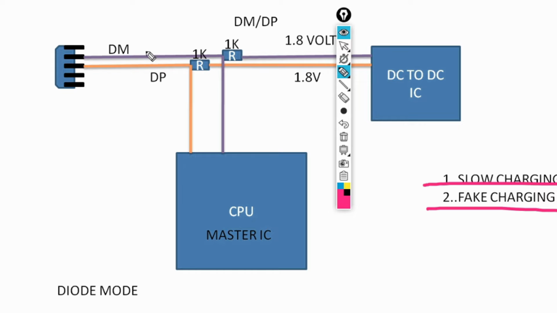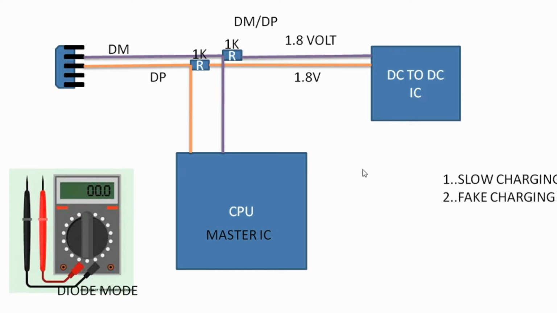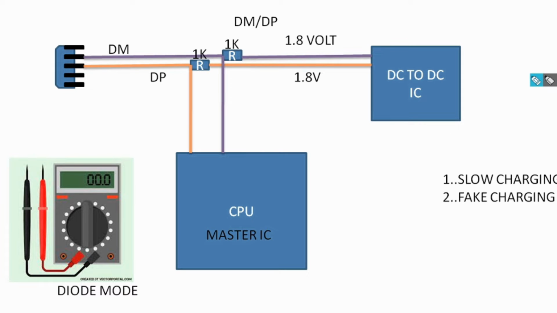So how to repair these lines? How to solve the problem? Let's talk about it. First you check which line has a problem. For checking, put your multimeter on diode mode, right? And on reverse bias, red on negative and black on any one of these lines, you get some value.